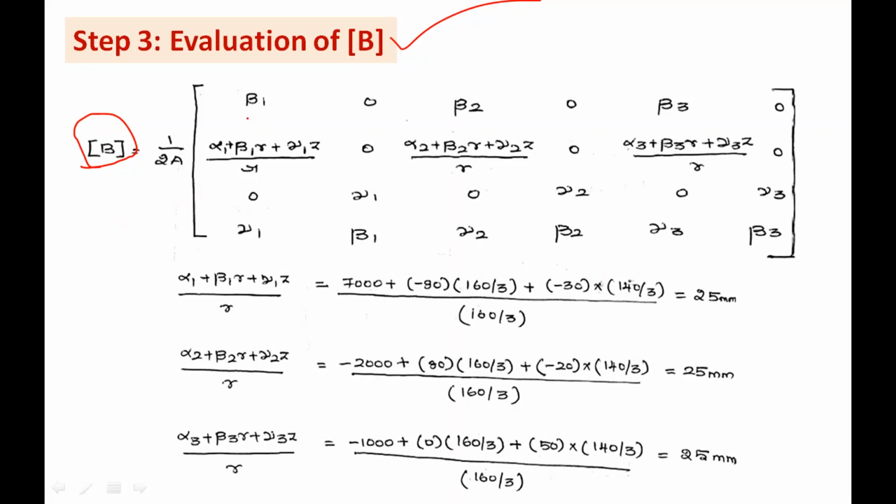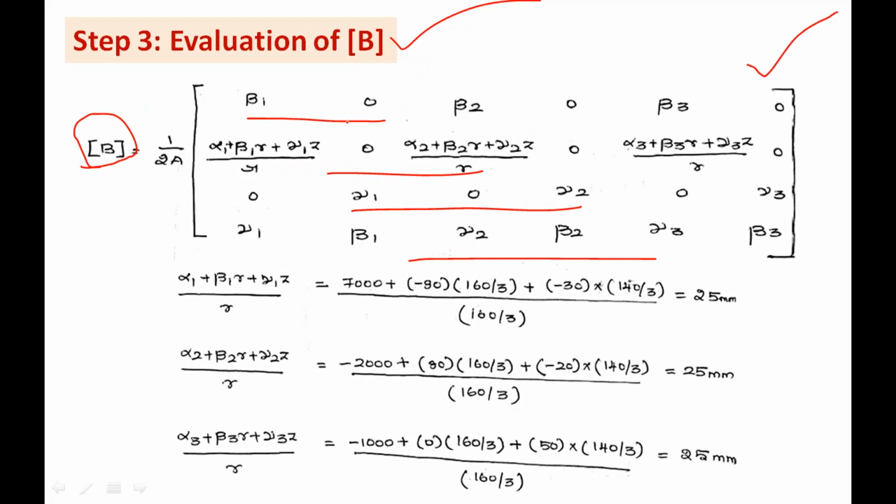Here the first row is for the radial strain epsilon r, the second row for the circumferential strain epsilon theta, the third row for the axial strain epsilon z, and the fourth row for the shear strain gamma rz. Already we derived this B matrix, which is 1 by 2a, beta 1, 0, beta 2, 0, beta 3, 0, like this. If you remember this matrix, then only we can solve the problem.